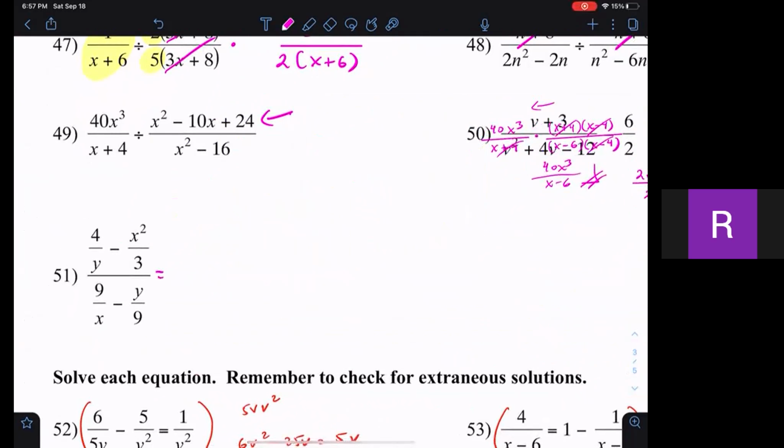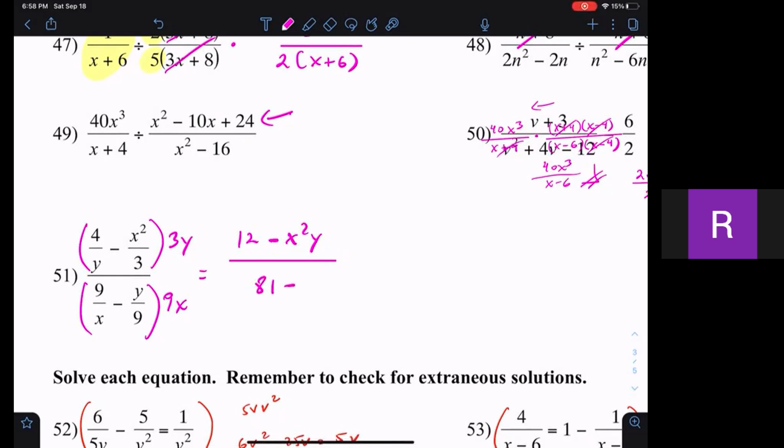So here you have a complex fraction, right? Fraction over a fraction. So let's multiply by 3y here, and let's multiply by 9x here. So that's going to be 12, right? Yeah, 12 minus x squared y over, okay, 81 minus xy.